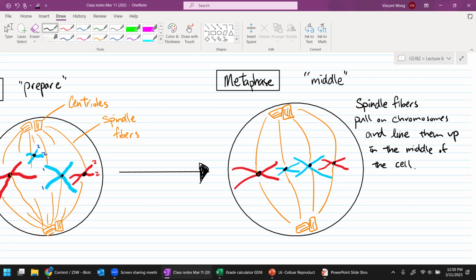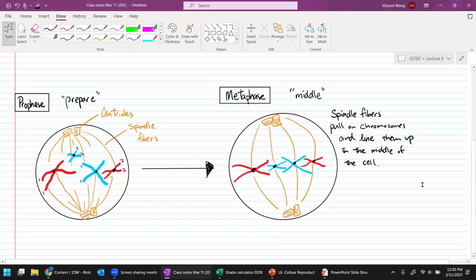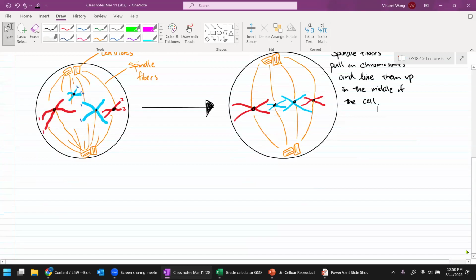What comes after metaphase? Anaphase, that's right. And A stands for apart.